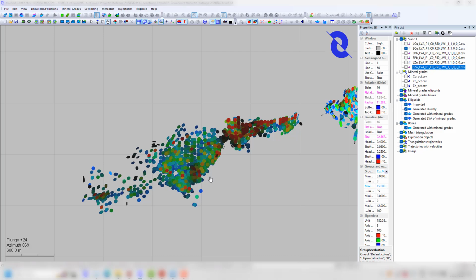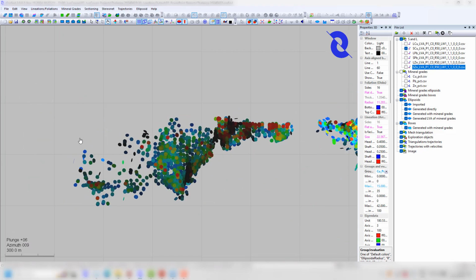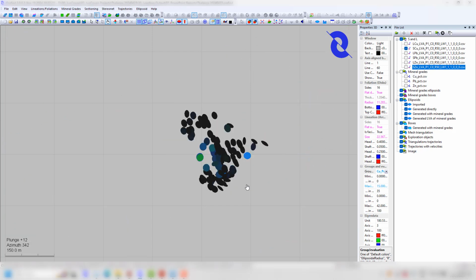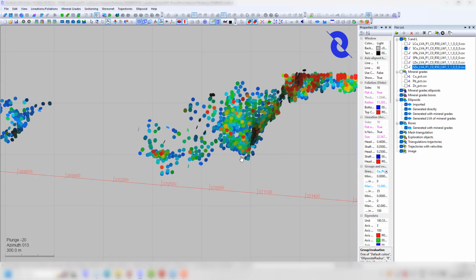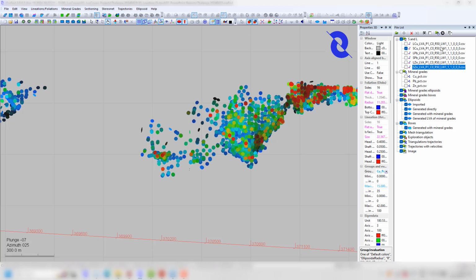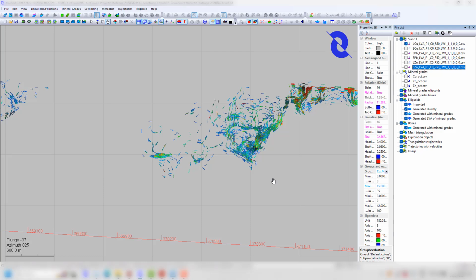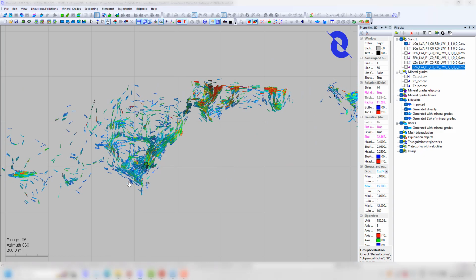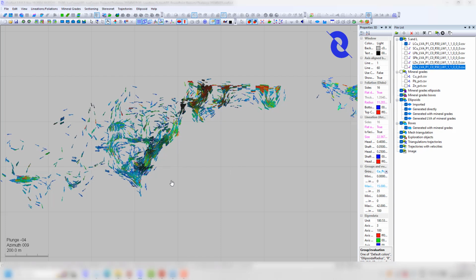Yeah, so you can see the step in that area, and the folding here. Grade is quite scattered. It can be going all over the place, but this is quite a linear zone.